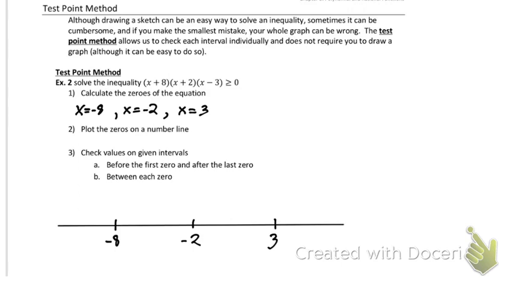So we're going to pick a point right here. We're going to do f of negative 9. We're not going to spend a whole bunch of time on this because this is something you just plug into your calculator.